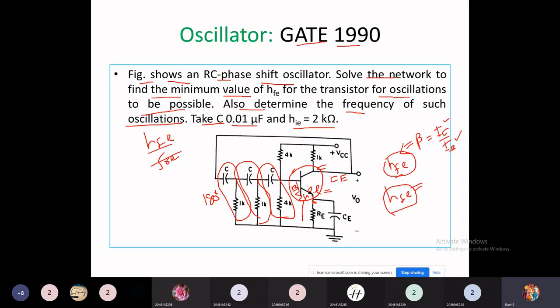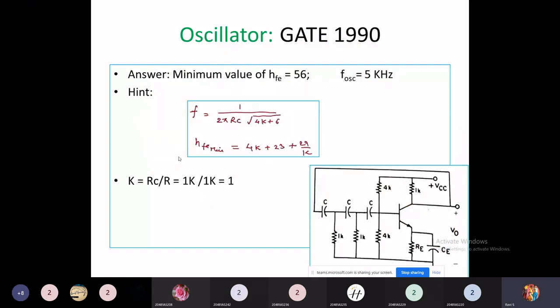Sir, there are straightaway formulas available. If you substitute, you can solve this problem. First, for frequency of oscillation, when we use a BJT network, the frequency of oscillation of an RC phase shift oscillator is 1 by 2 pi RC times root of 4K plus 6.